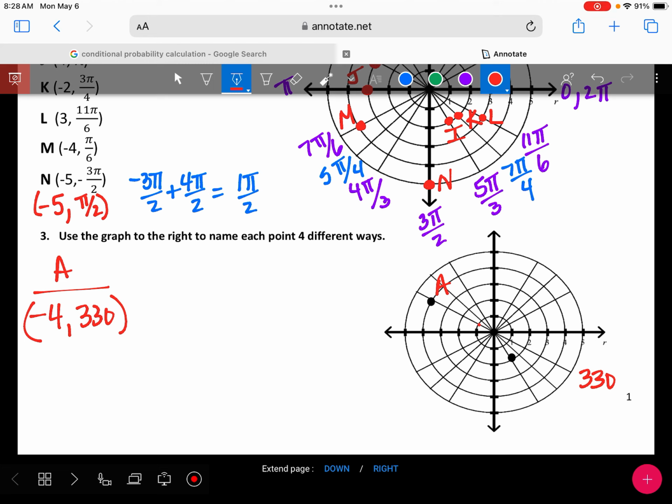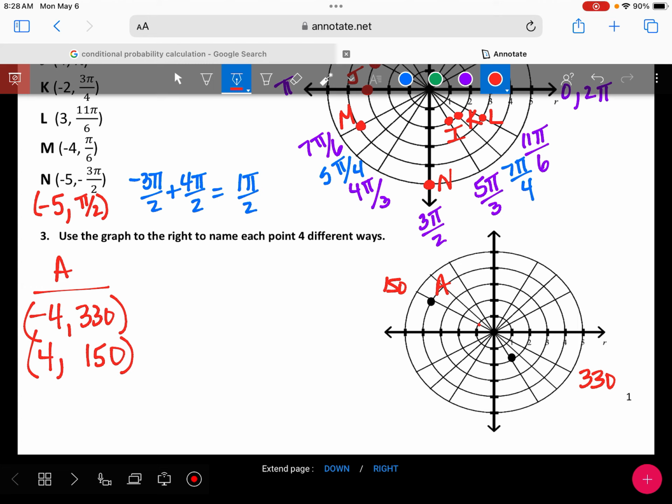And then what was the radius that you used? Not 1, it can't be 1. 4. Okay. So 150 would be, let's see, this is 120. So yeah, this is 150. And it's on the 4th ring. So all of the radii that you use should be either 4 or -4 because it's on the 4th ring. So those 2 ways work.